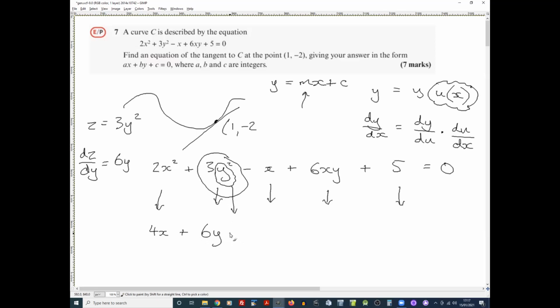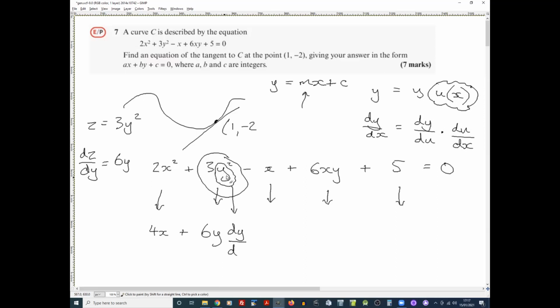What this rule tells us is that if you've got y as a function of something else, which is itself a function of x, you first differentiate with respect to the whole of the inner function, so you differentiate y with respect to u, and then you differentiate the inner function with respect to x.